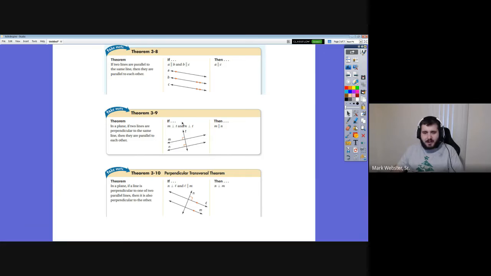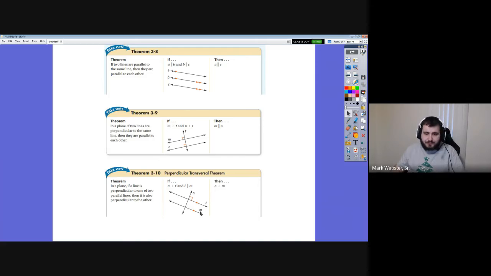M is perpendicular to the cross T here. N is perpendicular to the cross here. Well, what about M and N themselves? How are they to each other? And if you look, they look like they're parallel. And the fact that they've got these right angles here tells you that those angles are congruent, and those are corresponding angles, right? Corresponding angles congruent means that the lines are parallel.